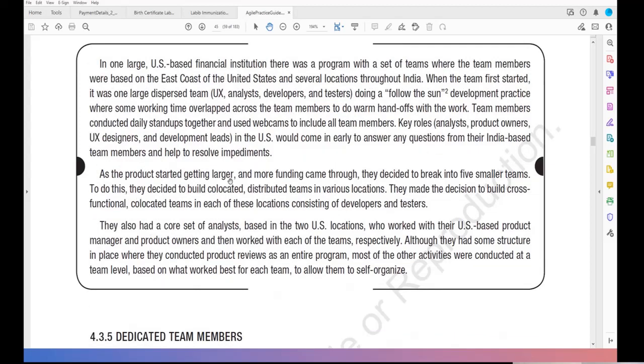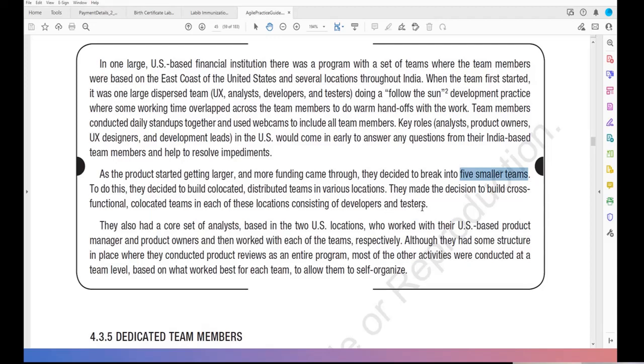As the product started getting larger, more funding came through, and they decided to break into 5 smaller teams. To do this, they decided to build co-located, distributed teams in various locations. They made the decision to build cross-functional, co-located teams in each of these locations, consisting of developers and testers. Did you get this point? Yes.